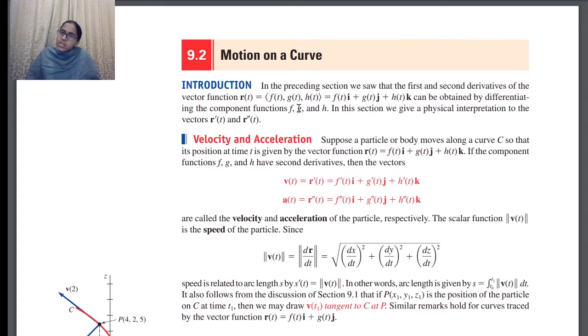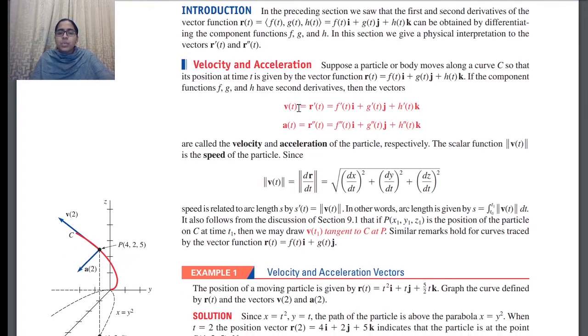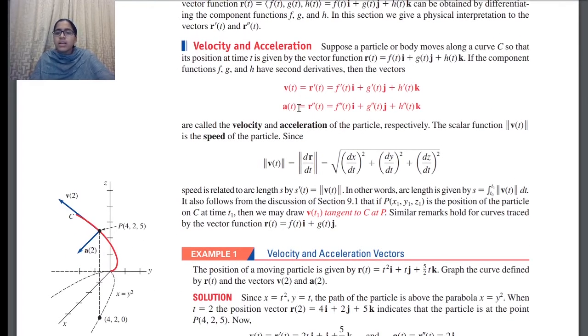That is, given a vector function r, the velocity will be r dash of t, and the acceleration will be r double dash of t. Now coming to the magnitude of the velocity, v of t is r dash of t.